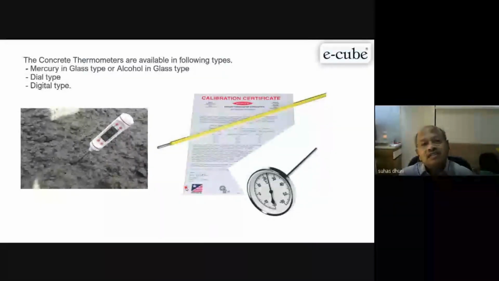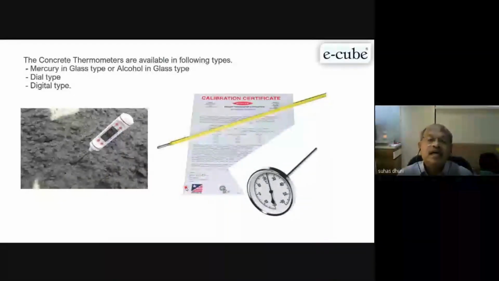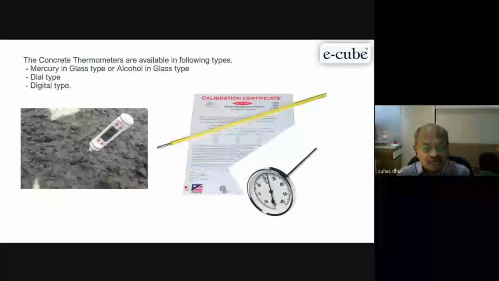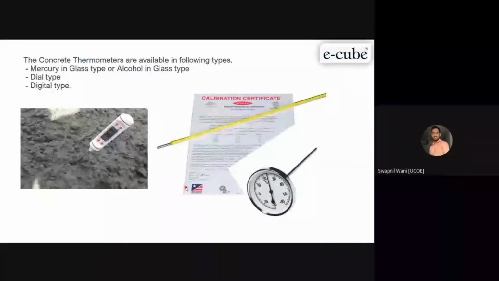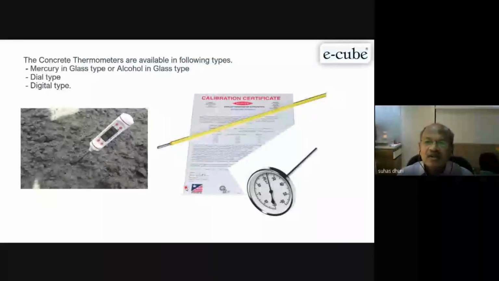We cannot just get whatever concrete is supplied by the RMC. You should have your own requirement and demand for the concrete as per the structural requirement. Students, you can ask questions directly. Unmute yourself. You can also discuss whatever we have covered, or anything else you want to discuss.